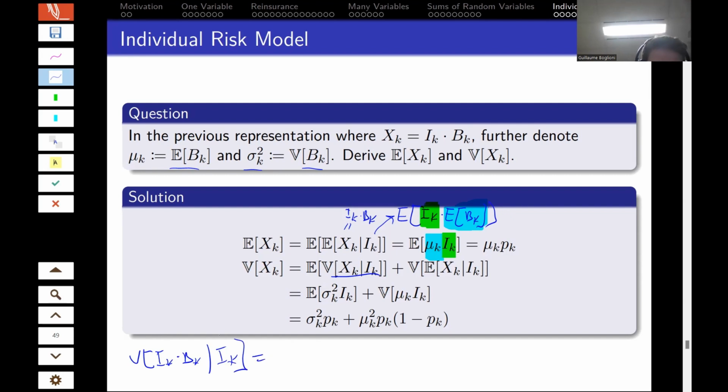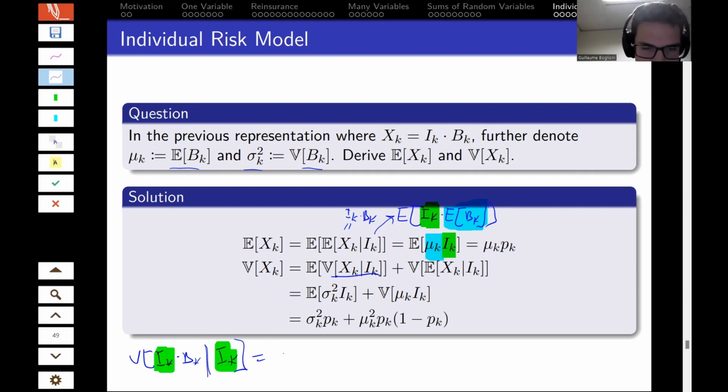Now, what's happening here? The variance of this thing, but knowing that I know IK, the IK here, conditional on knowing IK, is like a constant in the variance. So you can put it outside, but careful. If you put a constant outside, it's going to be squared.